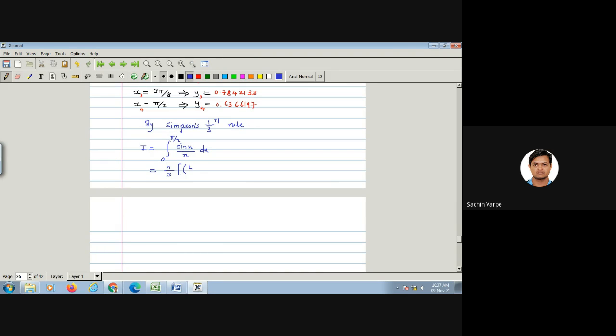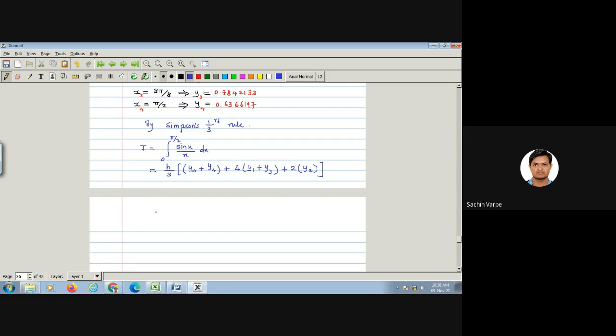What is the first ordinate? Y naught. What is the last ordinate? Y4. Plus 4 times the sum of even ordinates. What are even ordinates here? Y1 plus Y3. And plus 2 times the remaining ordinates, the odd ordinates. Only one is left, that is Y2. So Y0 plus Y4 plus 4 times Y1 plus Y3 plus 2 times Y2.